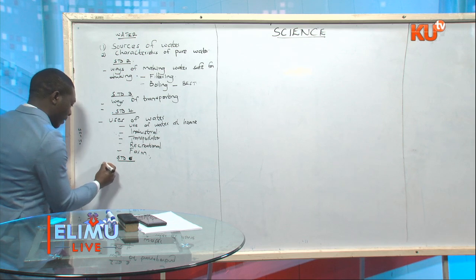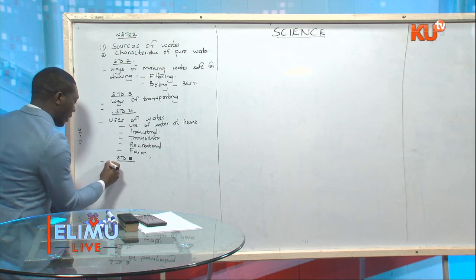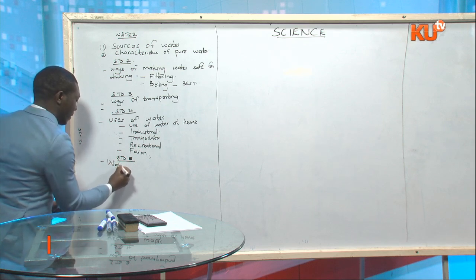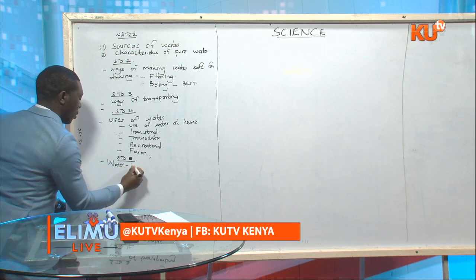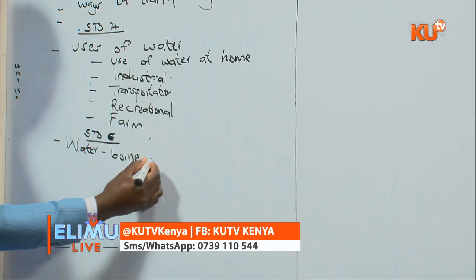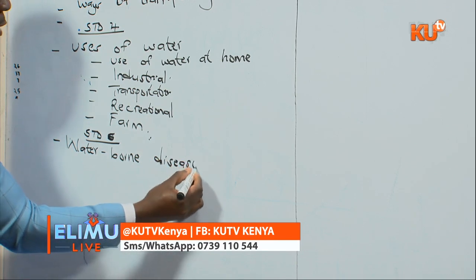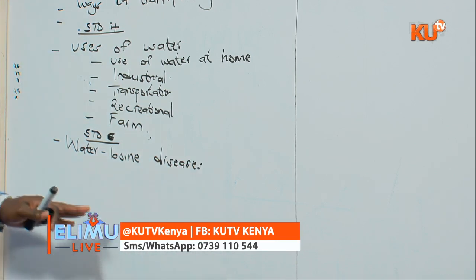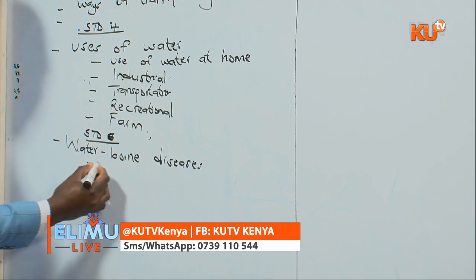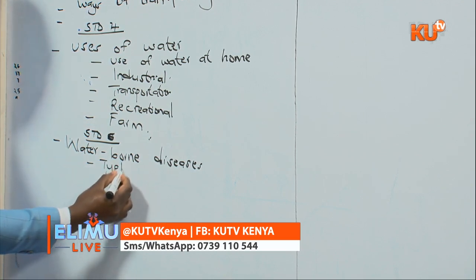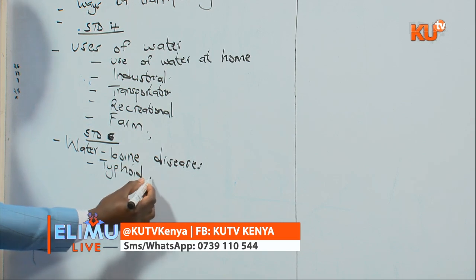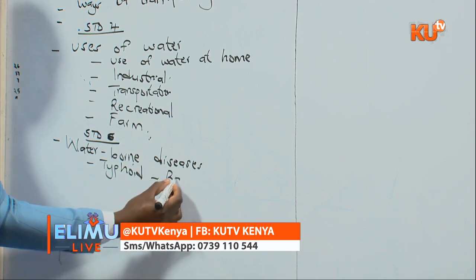In standard 6, we shall learn about waterborne diseases. In the syllabus, we just have 3 of them. One is typhoid, and this one you must know the causative agent is bacteria.